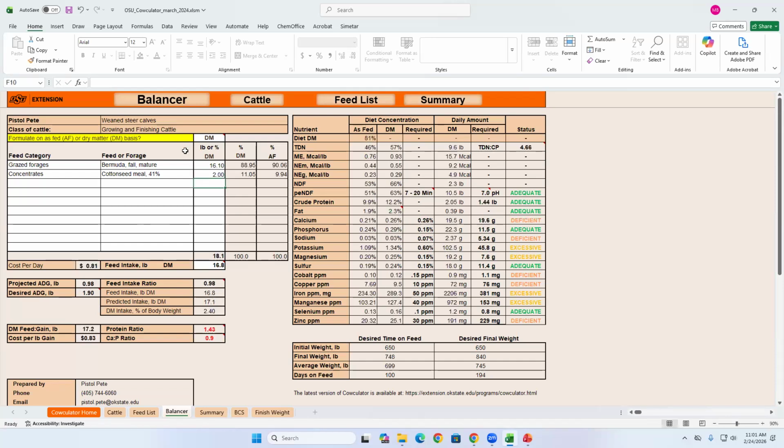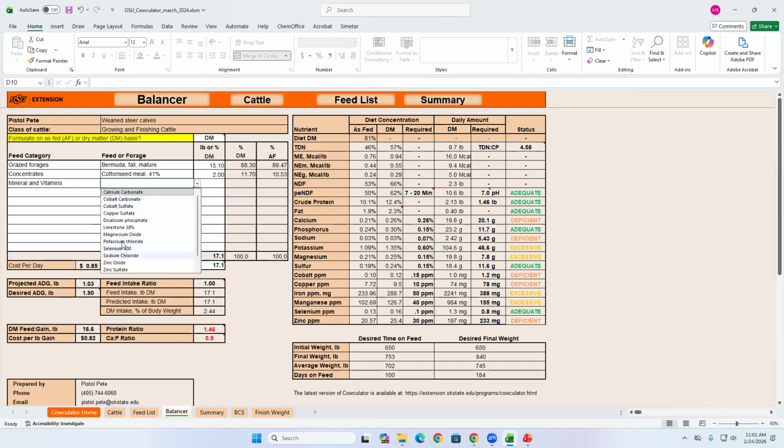So I have 2 here. So it's 15.1. This is 17.1. Okay. So we are deficient in calcium. We're deficient in sodium, deficient in cobalt, copper, and zinc. Wrong one.